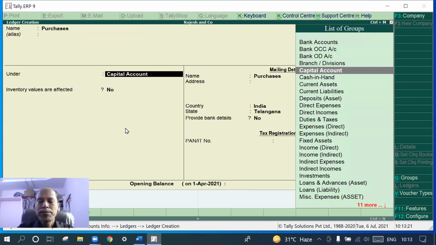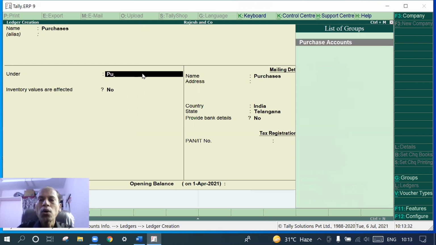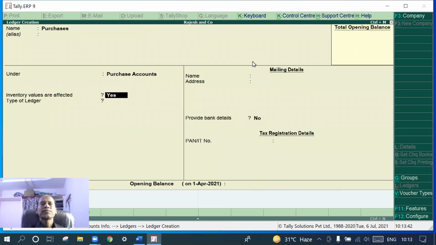Simply enter PU on the keyboard so that we can get it. If we enter PU, then purchase account appears. Enter again. Purchases is saved under purchase account.